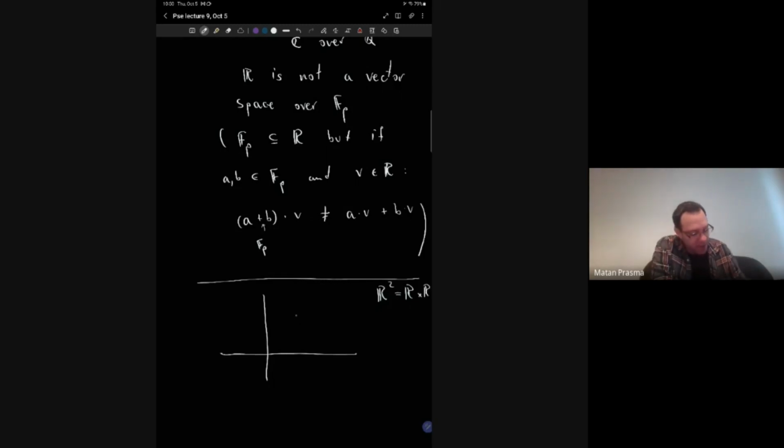And then you take an arrow that starts from the origin, and you call it a vector, right? But in our language, we simply refer to the endpoint of v, which is going to be (x, y). And for us, this is the vector. It's simply an element in R^2.